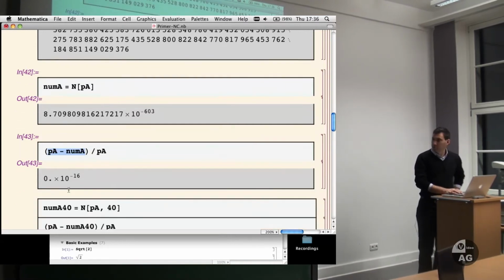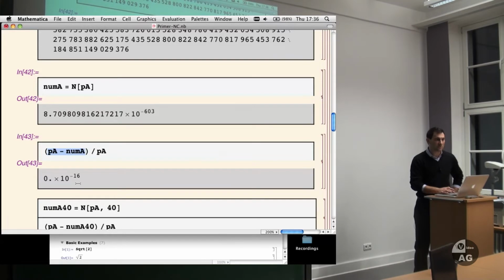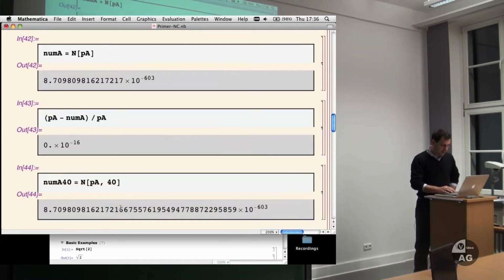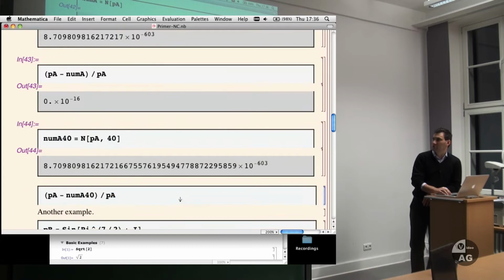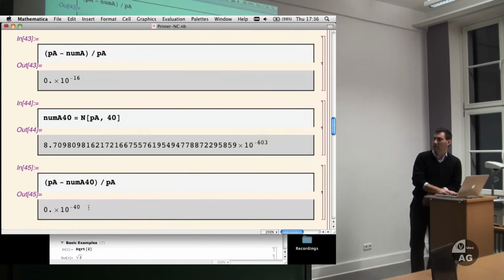But now the question is, what if I want a num A that is more accurate than just 16 digits? So can I just do this? I take PA and now I execute it. I extract 40 digits. Remember, this is exact, and now I want to extract 40 digits. Now I have 40 digits. Now we do this. Oh, look at that. And now I have 40 digits of accuracy.